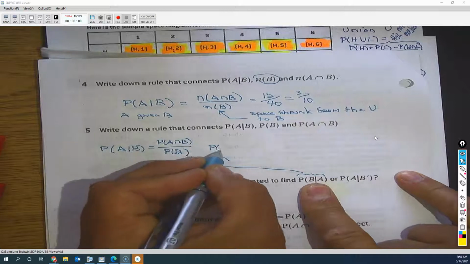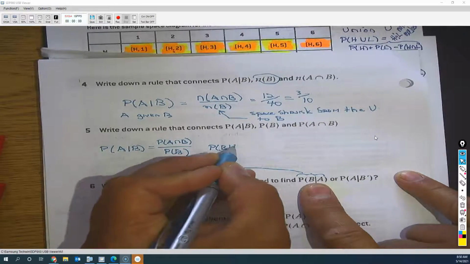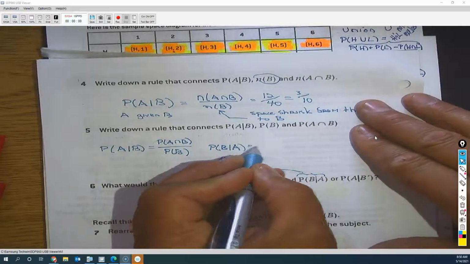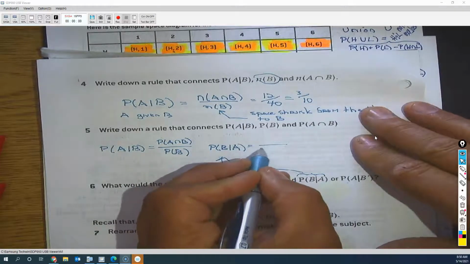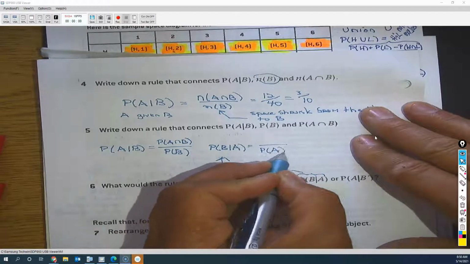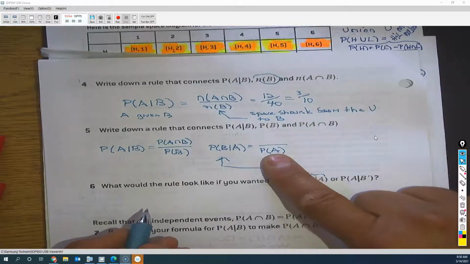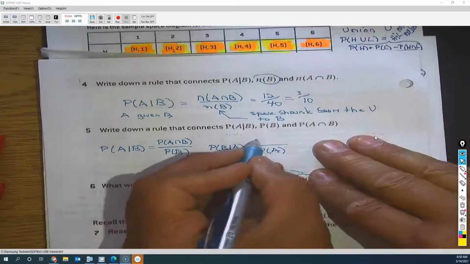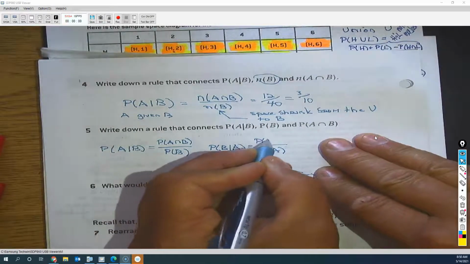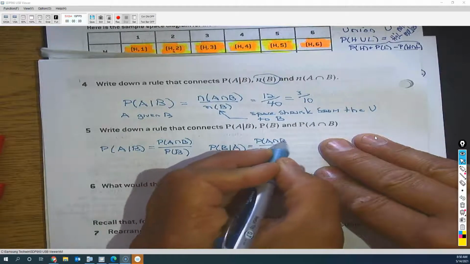So this would be the probability of B given A. Now you're only looking at the elements that are in A. Out of the elements that are in A, which ones are also in B?